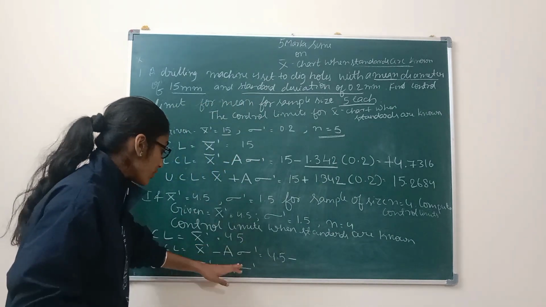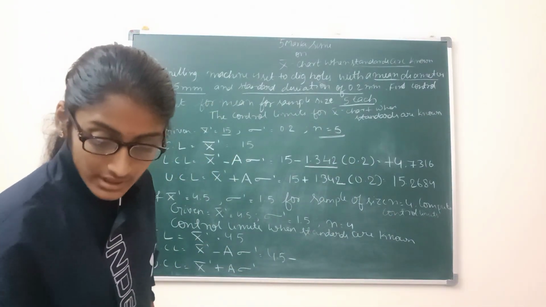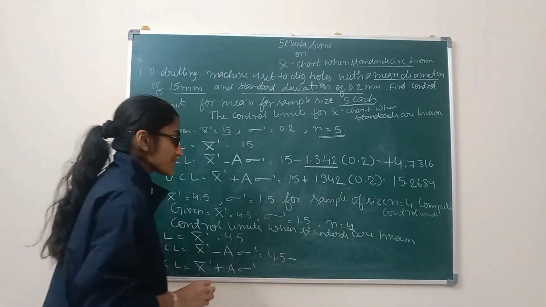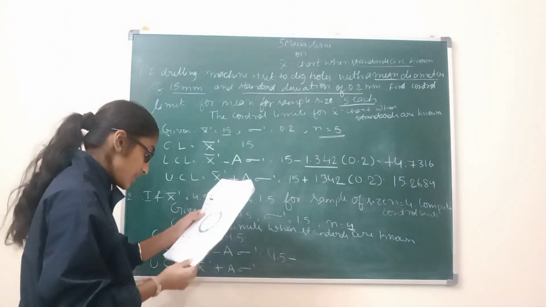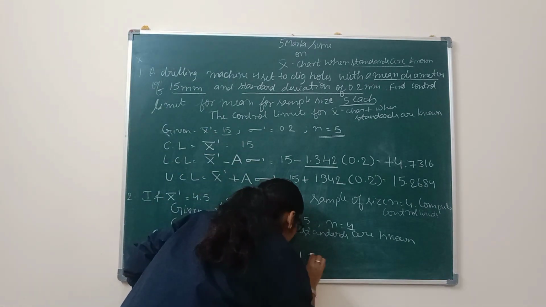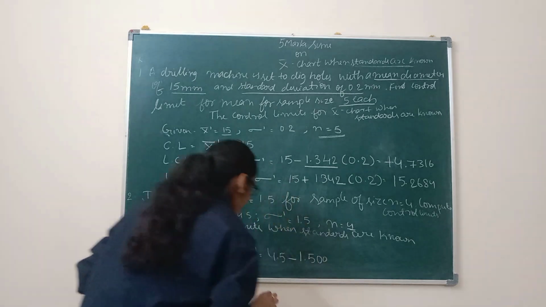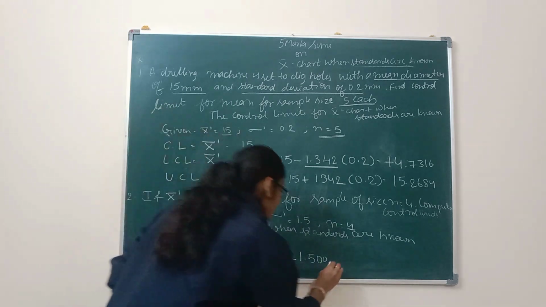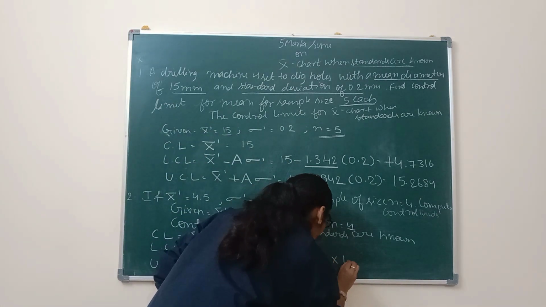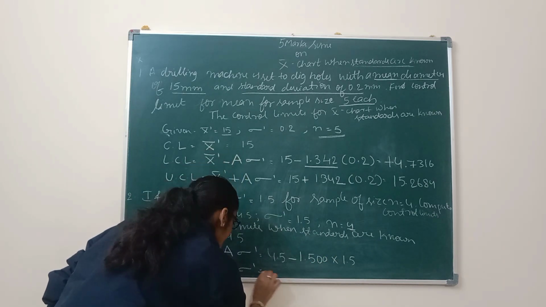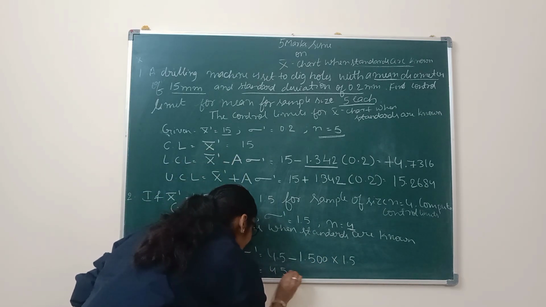But now in the new question the sample size is 4, so the A value also will change. When sample size is 4, the A value is 1.500, into sigma dash value 1.5. For UCL, the minus becomes plus.